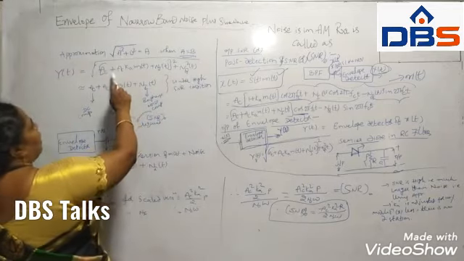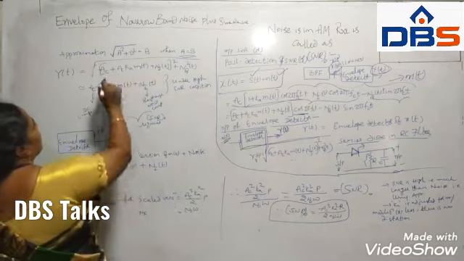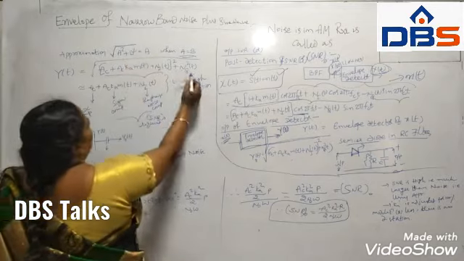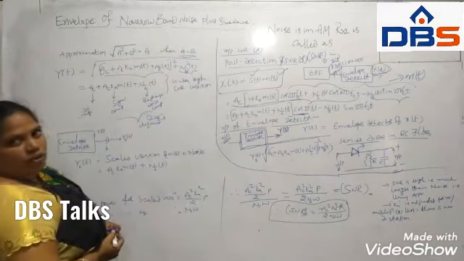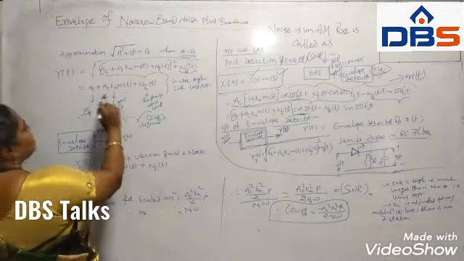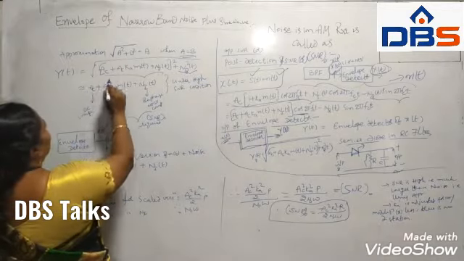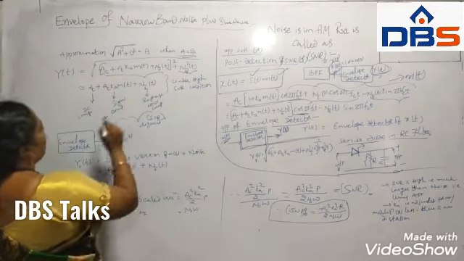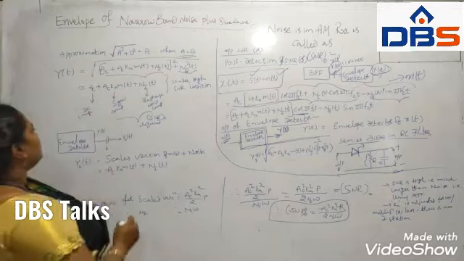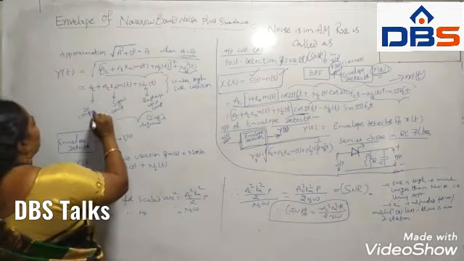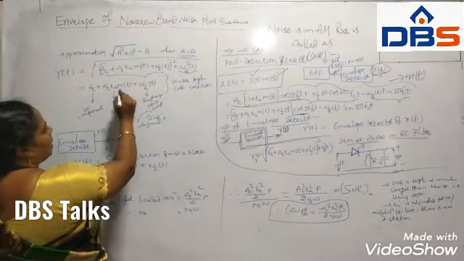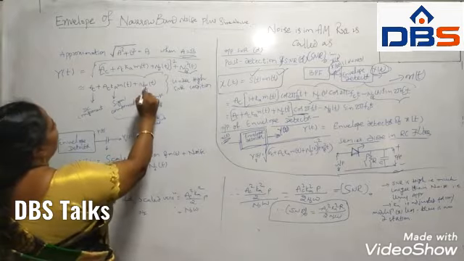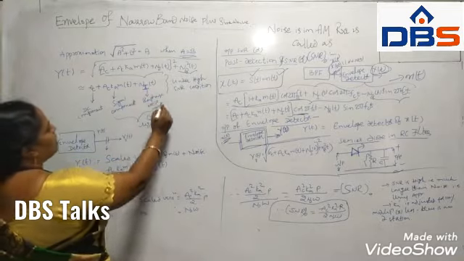In place of a, we take this total term, AC plus AC Ka M of t plus Ni of t. In place of b, we take Nq of t. Then it is approximately equal to y of t is equal to AC plus AC Ka M of t plus Ni of t. So here we define the individual terms, where AC is the DC component, AC into Ka into M of t is the signal component, and Ni of t is the in-phase noise component.